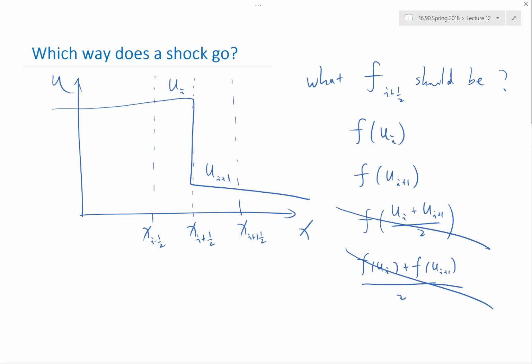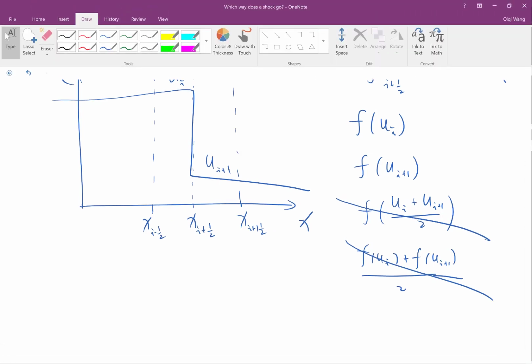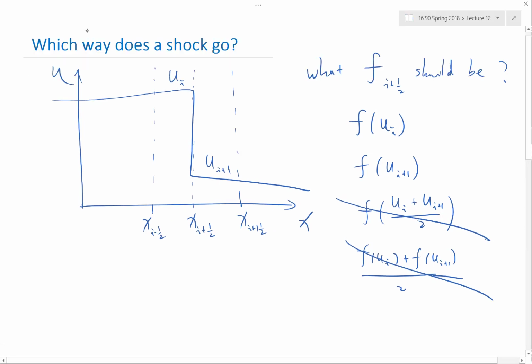Assuming you know the differential equation, the only thing that determines the differential equation is the form of f. Which way the shock would go is a tricky question. It's not so tricky if f is a single function and u, the conserved quantity, is a single quantity.